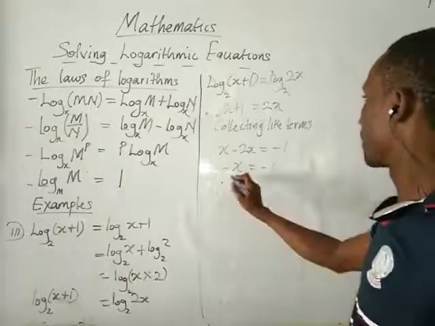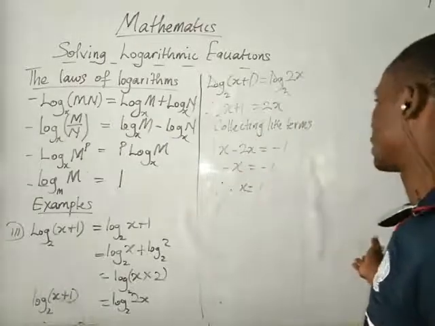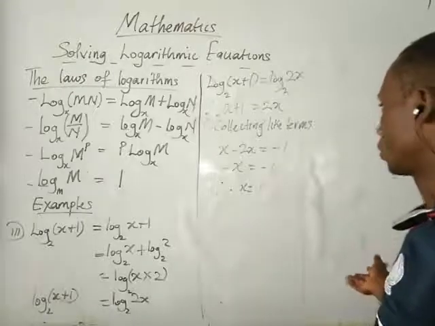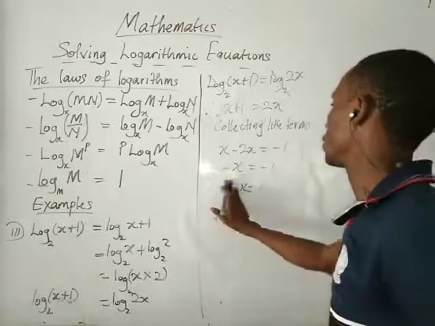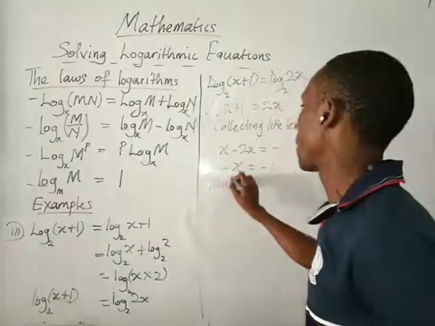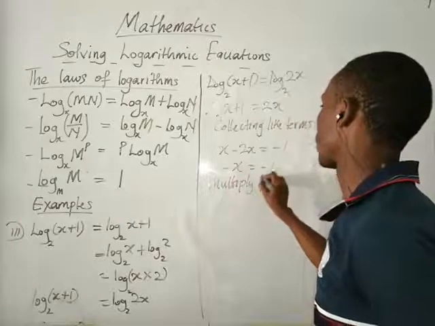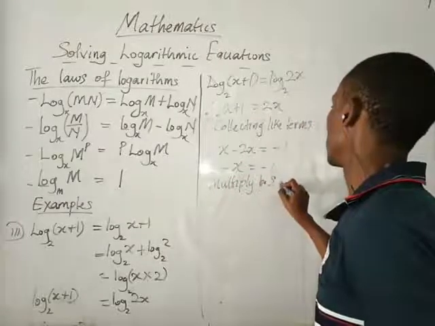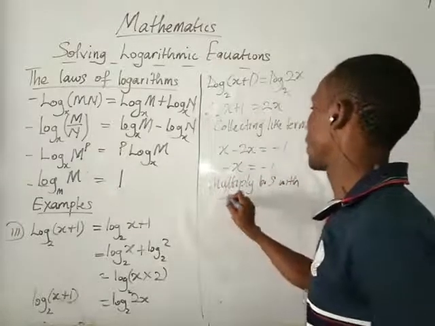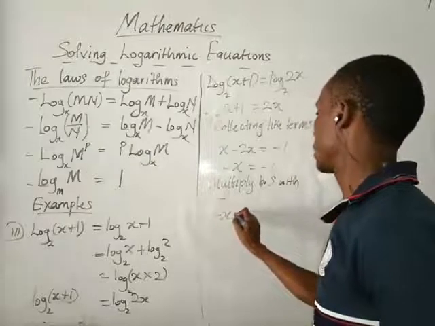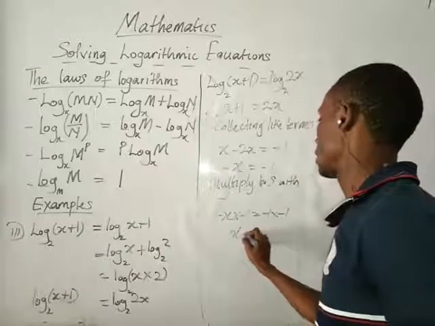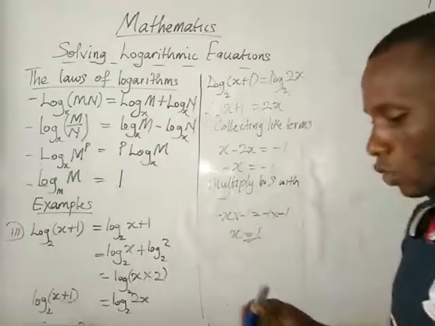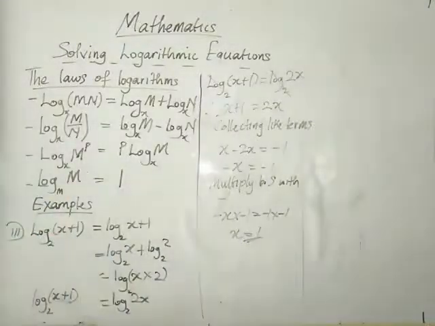I can divide both sides by a coefficient of negative 1 or multiply both sides with a negative 1. Let's just multiply both sides with minus 1. So we have minus x times minus 1 equals minus 1 times minus 1 to give me x equals 1. So with that, we have the value of x as 1.